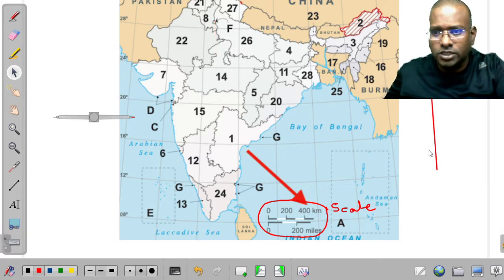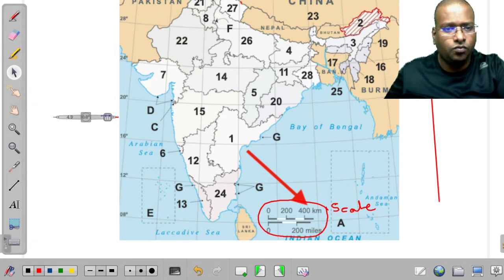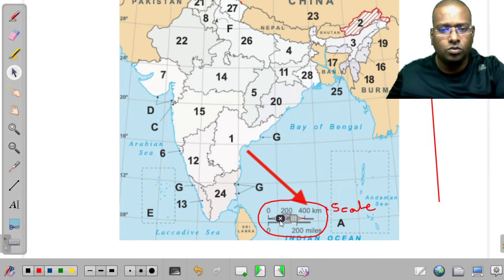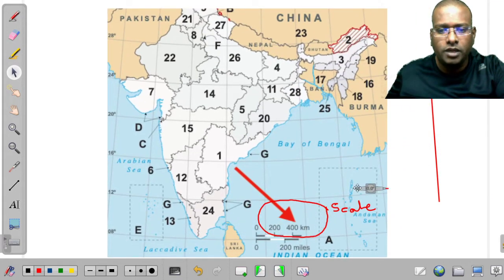This is the distance from Delhi to Hyderabad. Now how do I measure this? If you observe in the scale, this length measures 400 meters. So this length is related to 400 meters.